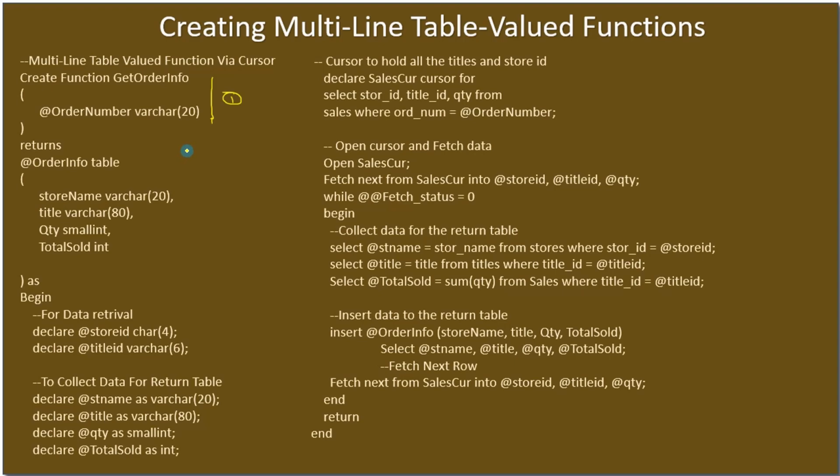After that, we are talking about the return table, right? Then we declared the variables. This is for data retrieval, and it will not participate in this table. So it's simply a variable local to this function to achieve some task, and these are all the local variables which will get mapped to the table columns defined here, right?